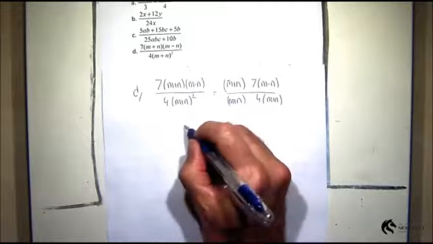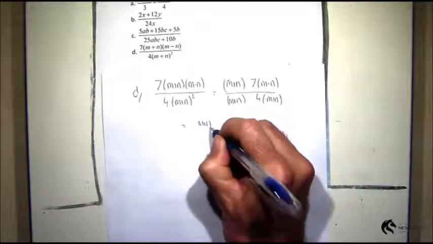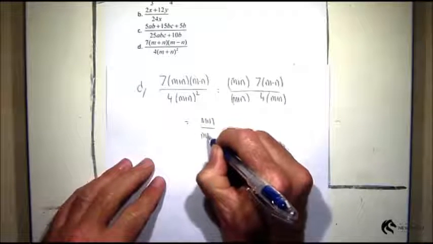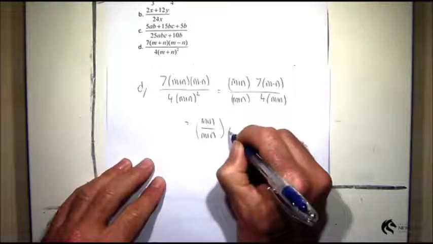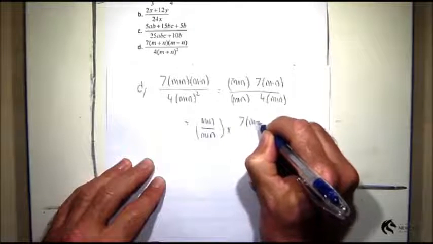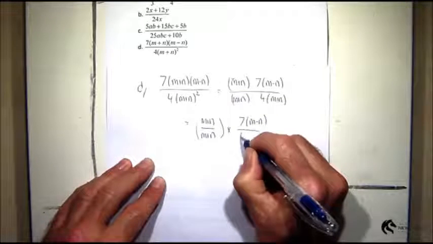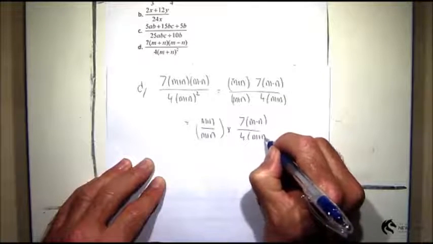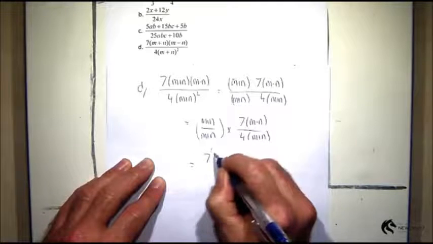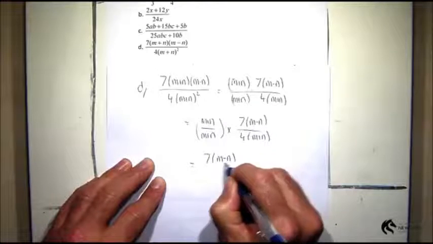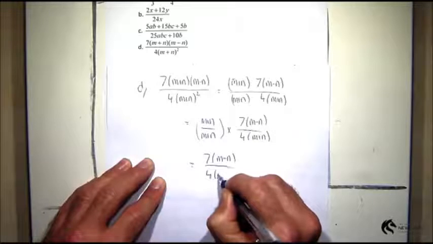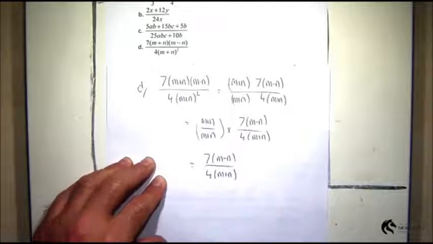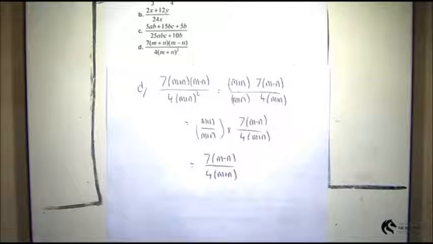So I can cancel those out. So I could write that as m plus n on m plus n times 7m minus n over 4 times m plus n. So in that case, I cancelled out the m plus n terms.